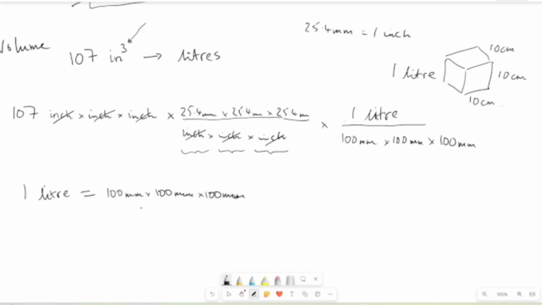It's that equality that allows me to write this. And then I can cancel these millimetres, one with that one, and that one with that one, and so we don't really need that now.